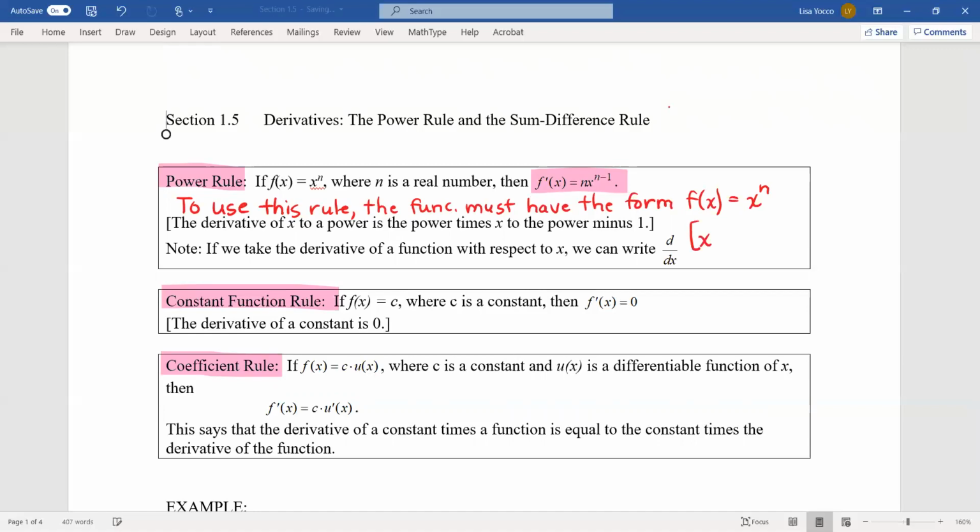So x to the power cannot be in a denominator. Or under a radical.